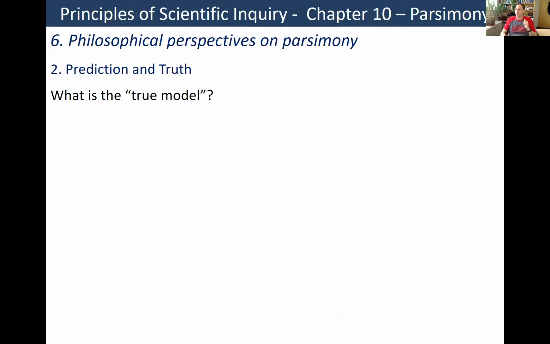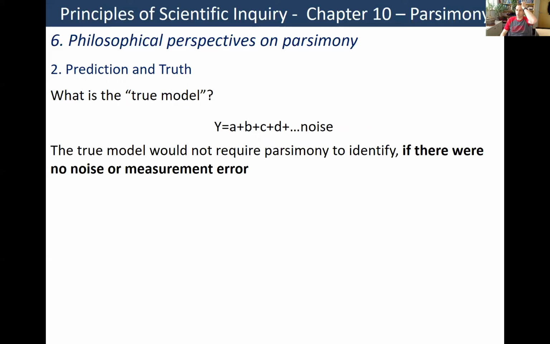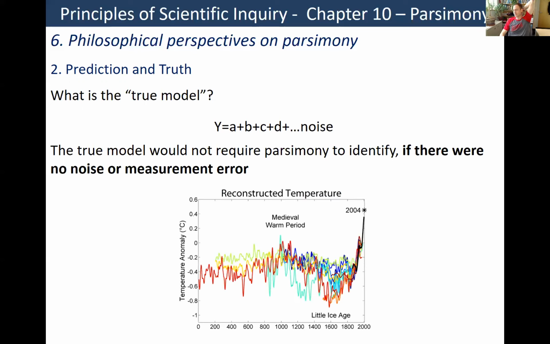Okay. So what is the true model? Mathematically you can build a lot of models that look like some sort of equation of prediction. The true model would not really require parsimony to identify, especially if there were no noise or measurement error. But a classic example is temperature anomalies over time.